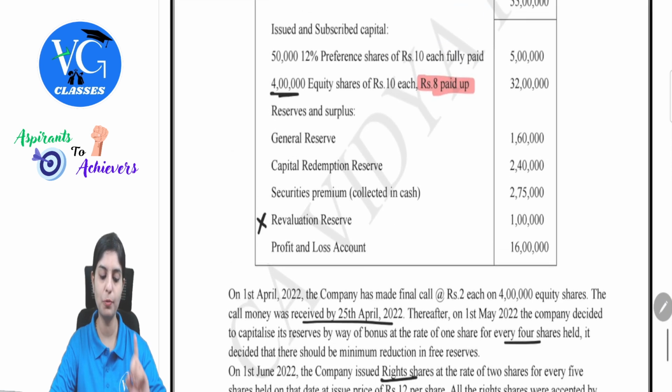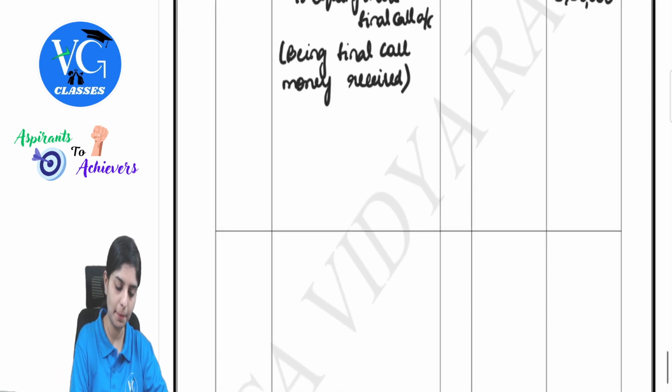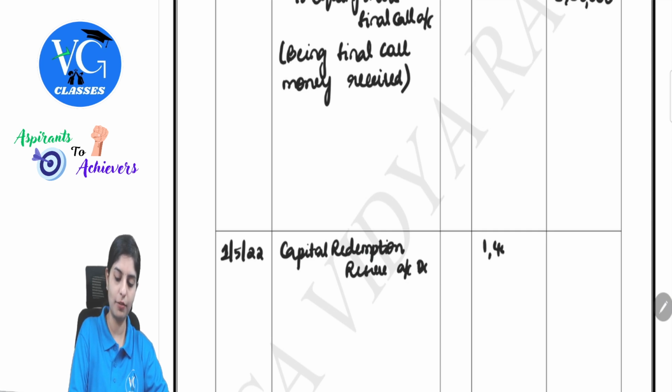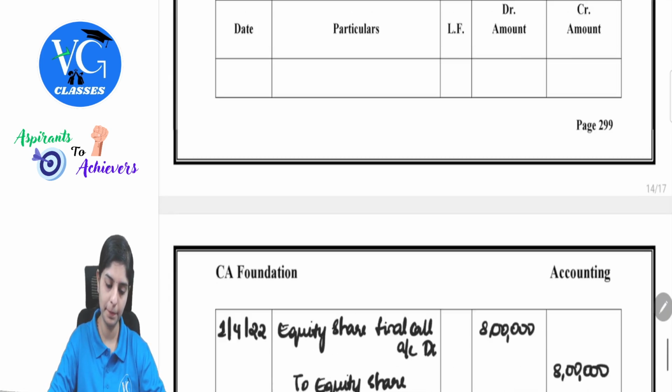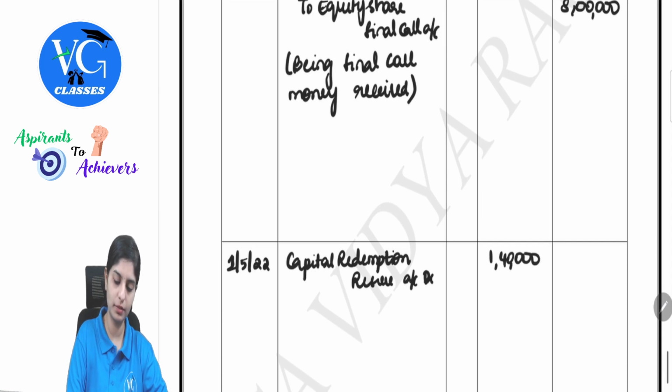10 lakh is required. So first preference is capital redemption reserve 2 lakh 40,000. This is happening on 1st May. Capital redemption reserve account debit 2 lakh 40,000.